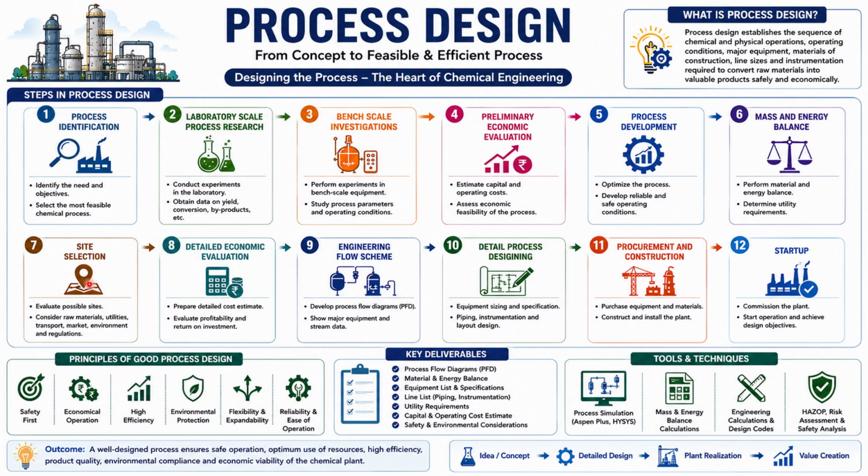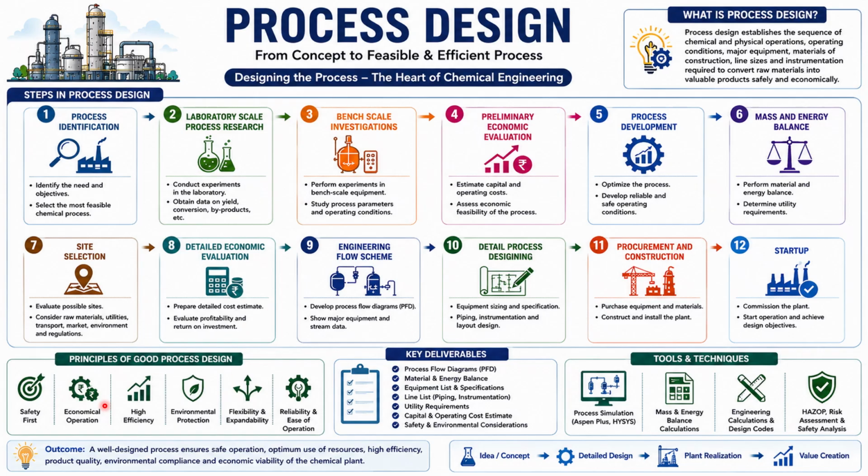So more or less all the steps remain the same, like process identification, then laboratory scale process research, then bench scale investigation, then preliminary economic evaluation, process development, mass and energy balance, site selection, detailed economic evaluation, engineering flow schemes, then you detail design your process, then procurement and construction, and finally the commissioning. I'm not going again into the details because the steps remain more or less the same.